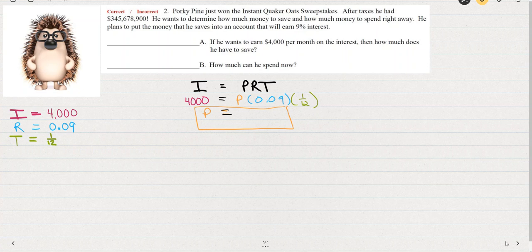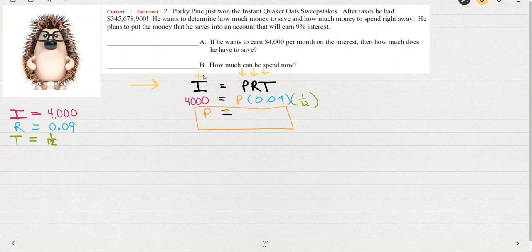So in other words, how much do I have to save? Really, he's interested in how much can I spend, but to know how much he can spend, he really needs to know how much he needs to save, right? We're going to use this real simple interest formula: rate times time times principal is going to give us the interest amount.